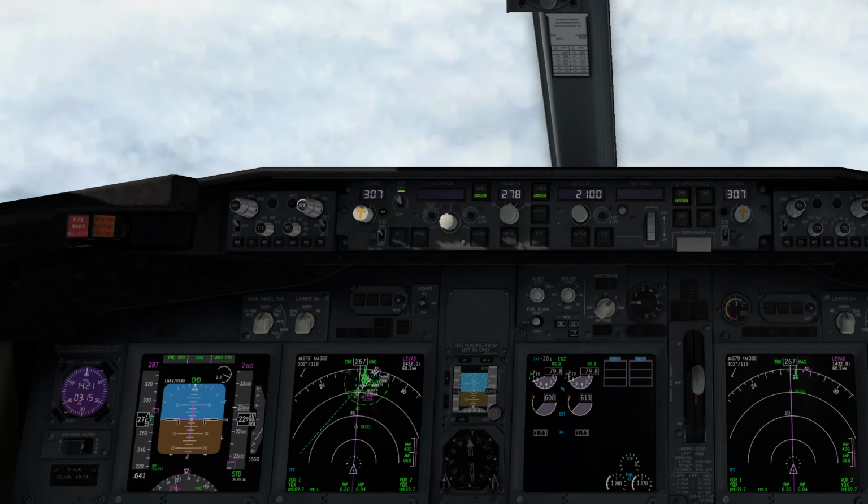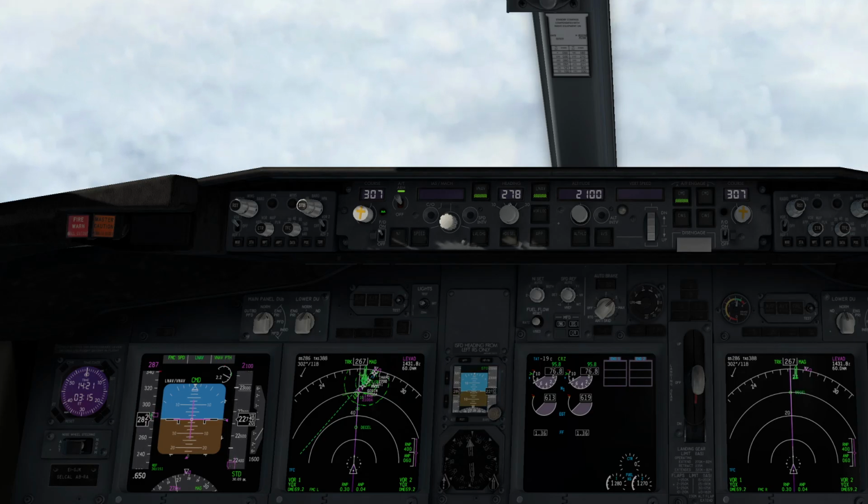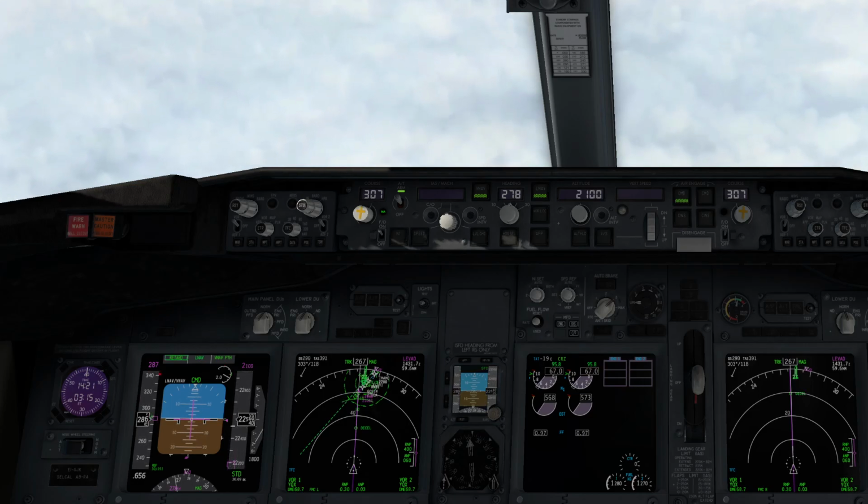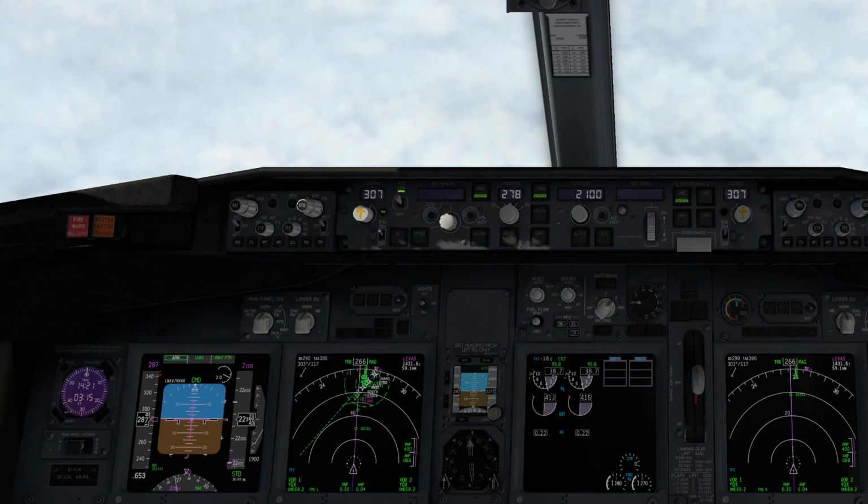Crazy. And now decreasing again. Back to zero, thrust idle. 1,900 feet per minute on the descent.